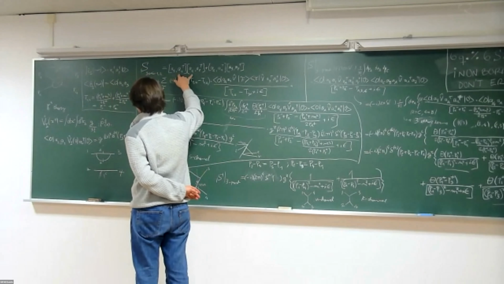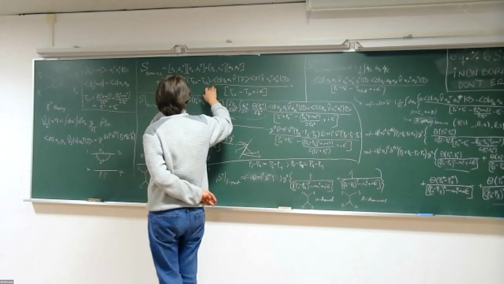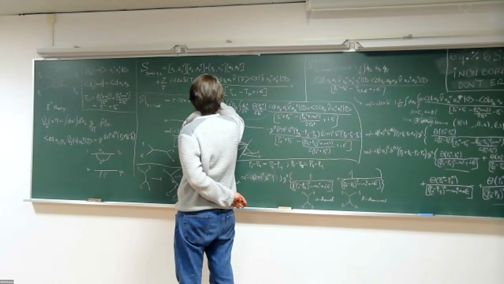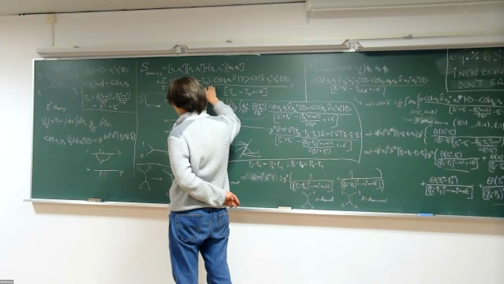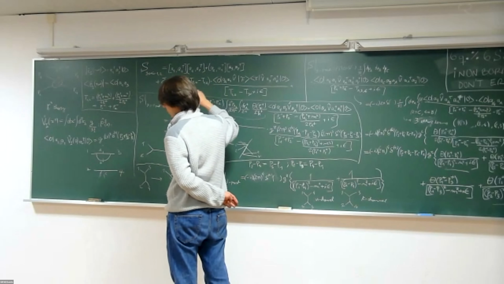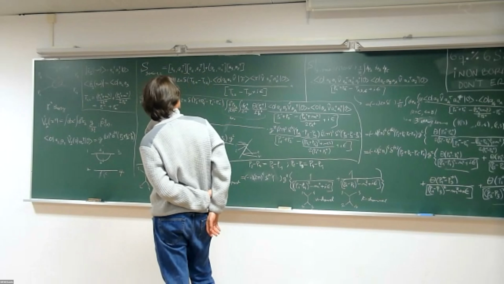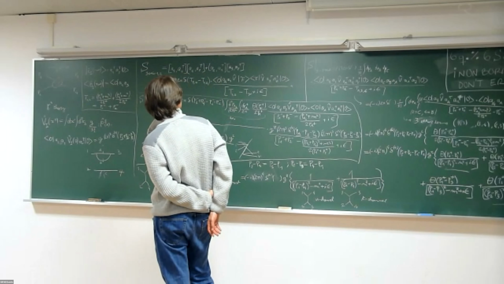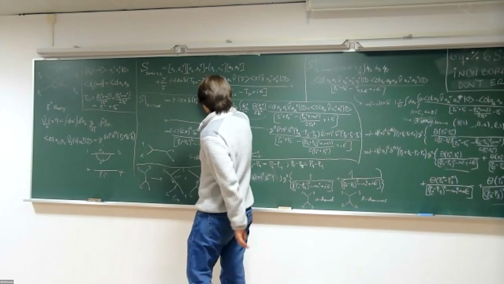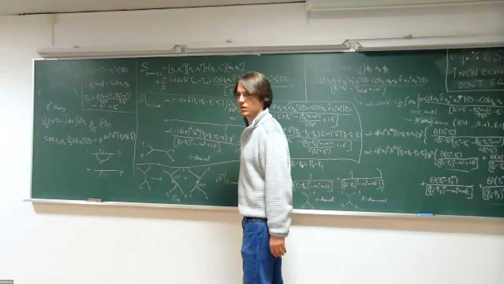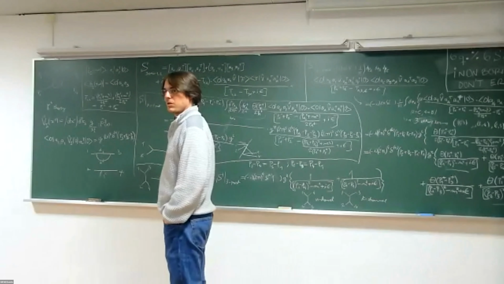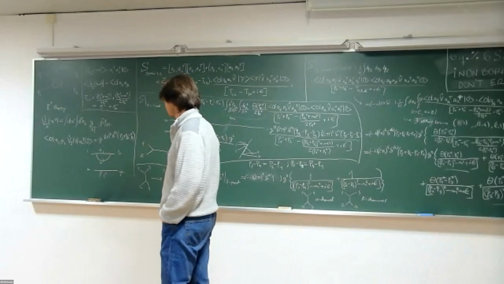Here I have the disconnected part, which had no interaction, but even in the interaction piece we can still have a disconnected contribution, and indeed that is something to take into account here. Here I was focusing on the connected part of the scattering.